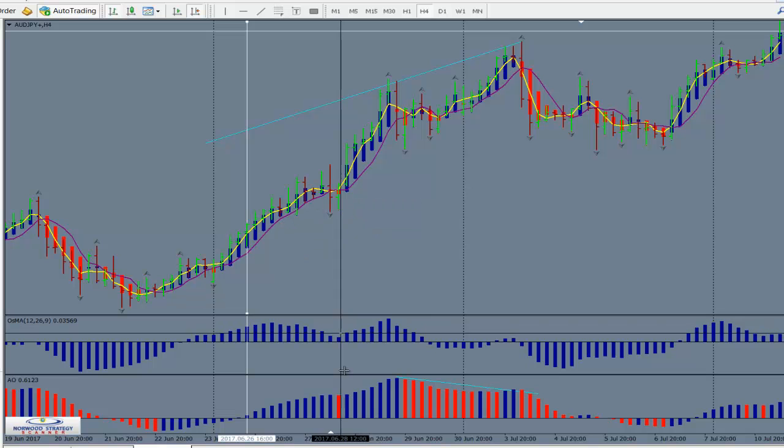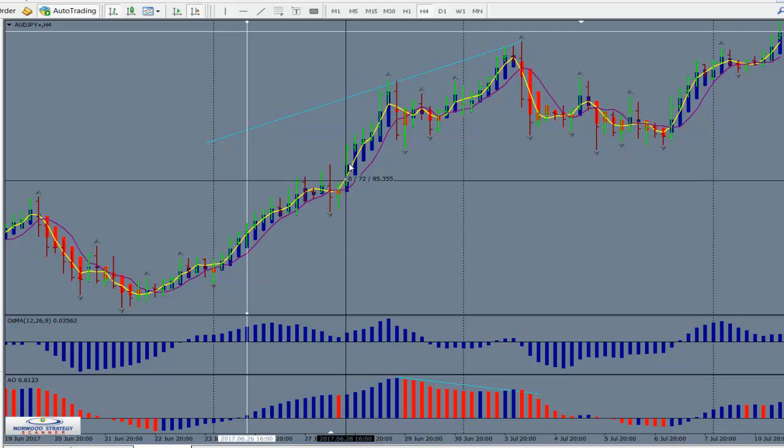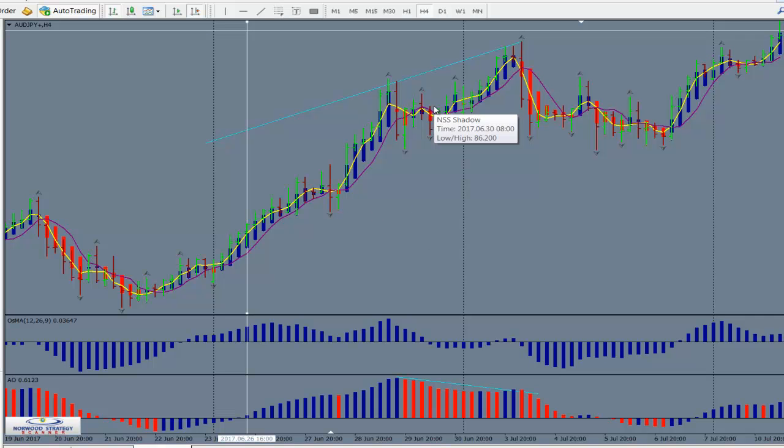Then we had a color change right here. And right here, we had another jump up. So we call these saddles. So when you see a saddle, then it's a saddle buy or a saddle sell. Then that's a sign that you may want to consider taking a long trade.